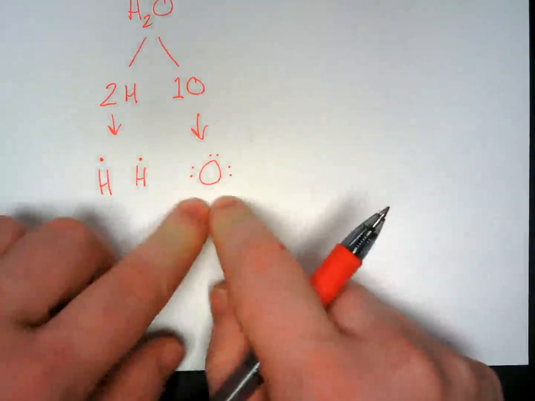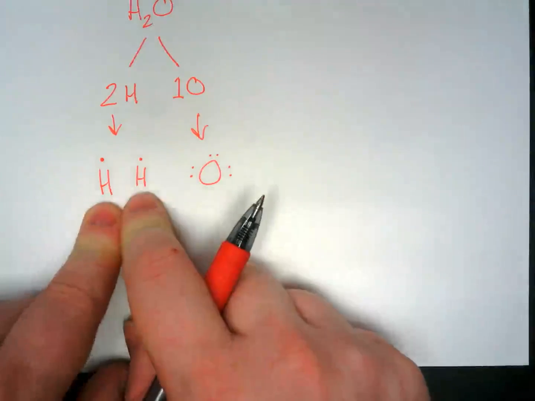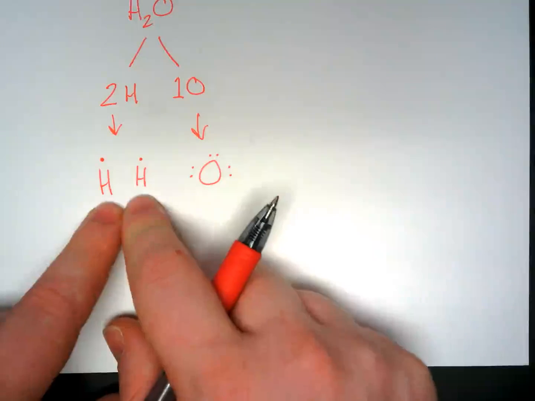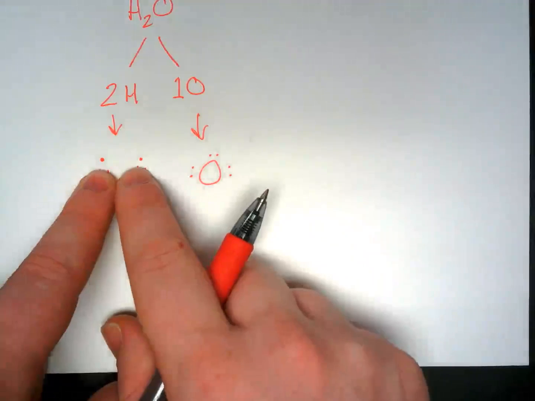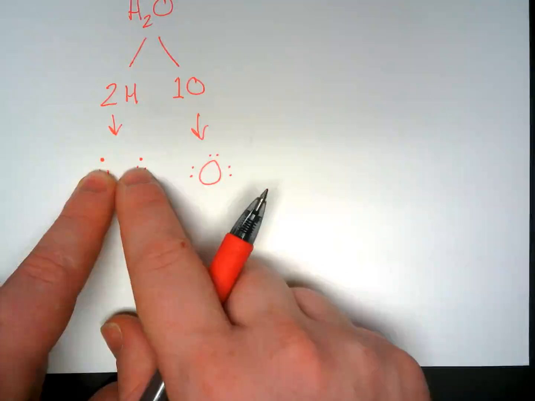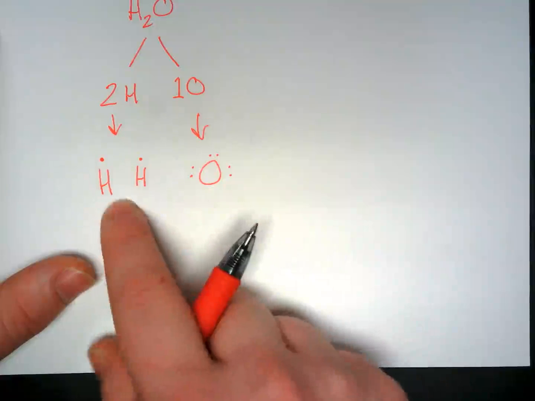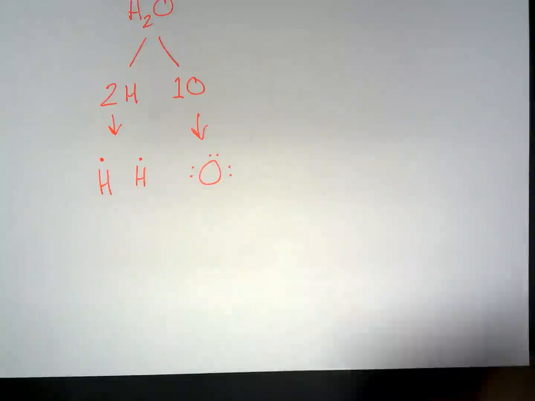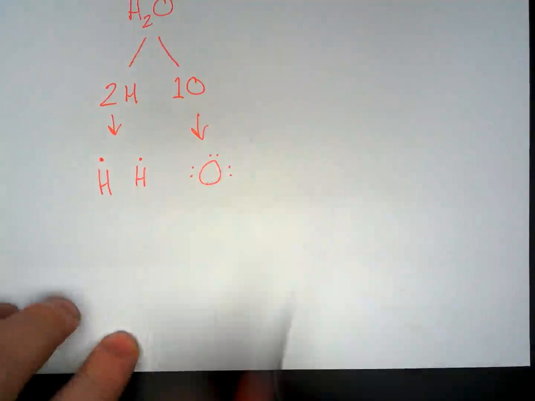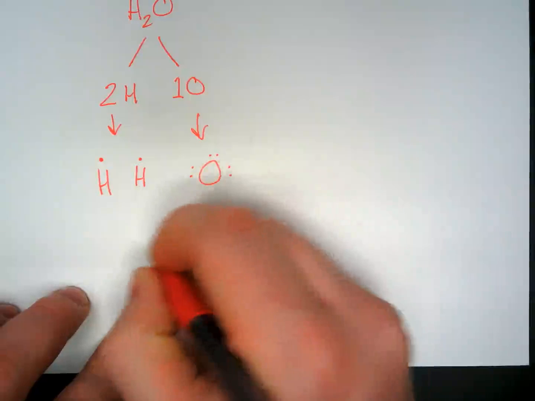Oxygen would love to have 8 valence electrons. There are 2 hydrogen atoms with one electron on each of them in their valence shells. So hydrogen is probably going to want to toss that electron towards the oxygen. So we would write it like this.